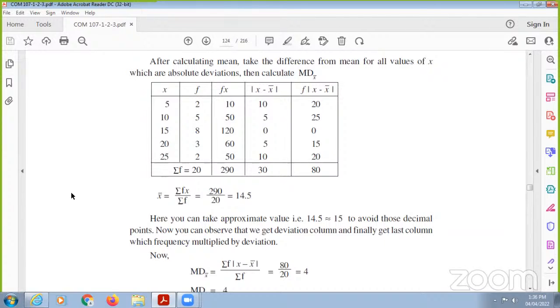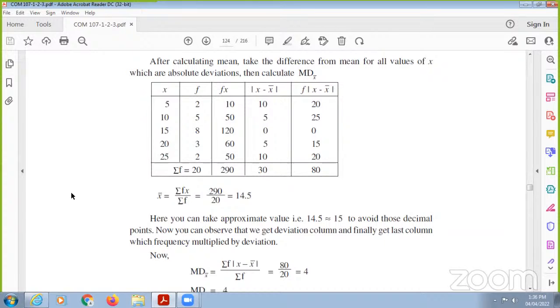Now x bar is equal to summation fx upon summation f. Here the total fx is 290 and the total frequency is 20. Then the answer will be 14.5 here. You can take the approximate value 14.5, that means 15, to avoid those decimal points.